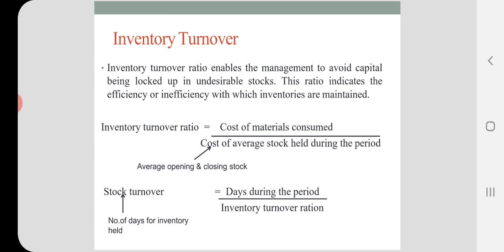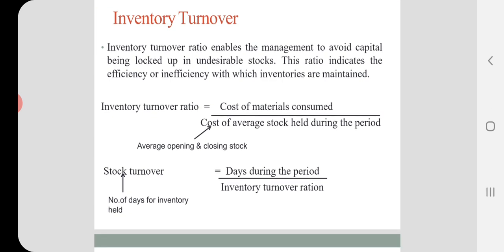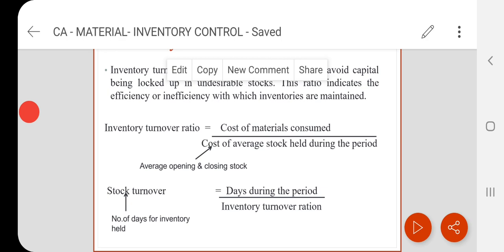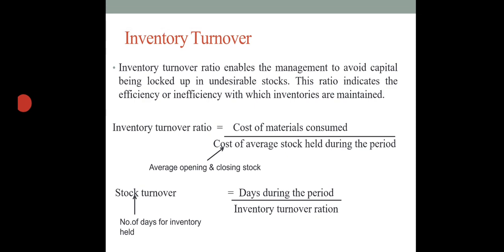This is the most important one regarding the inventory, because inventory turnover means the movement of the stock. So here the turnover mentions materials, how fast the materials are moving from the godown to the factory.